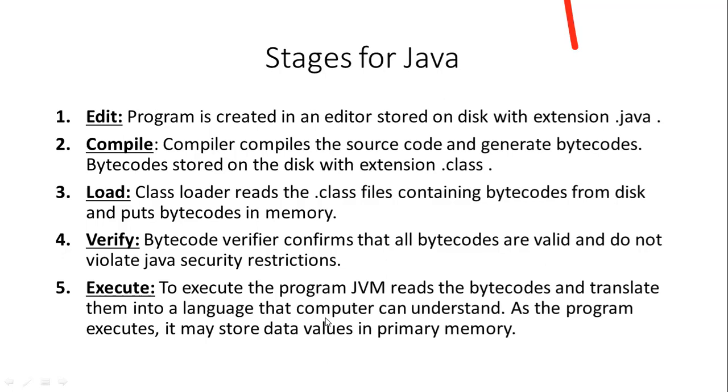The last stage is execution. To execute a Java program, we require the JVM. So the JVM reads bytecode and translates it into machine language that our computer can understand. At execution, the JVM reads bytecode and generates machine code.